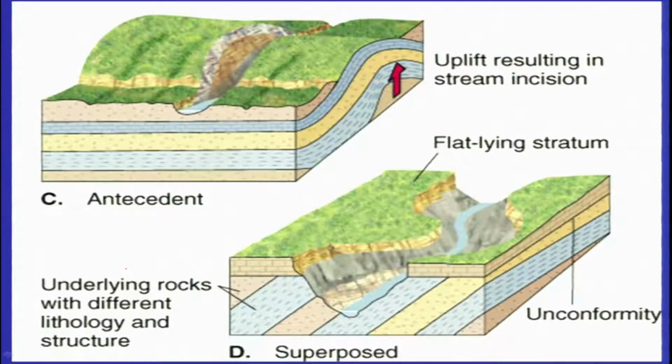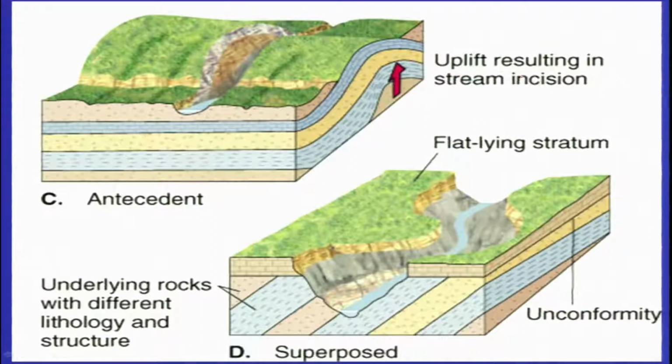Then we have antecedent streams, and these have been observed close to the mountain fronts. The best example to see the antecedent stream is close to the Himalayas, where the uplift is going on, which is resulting in stream incision.